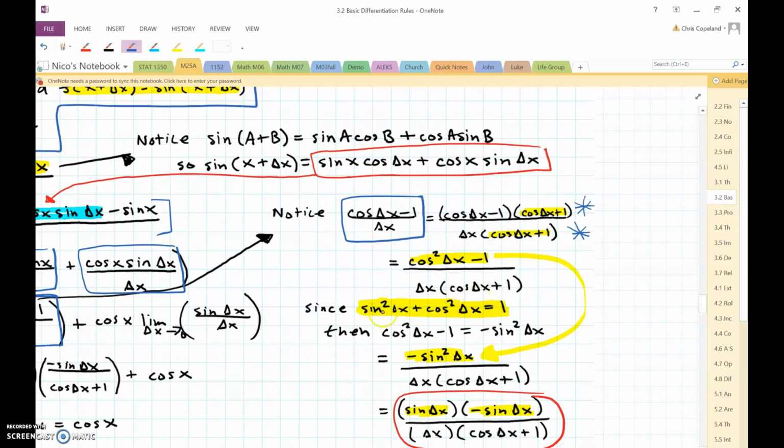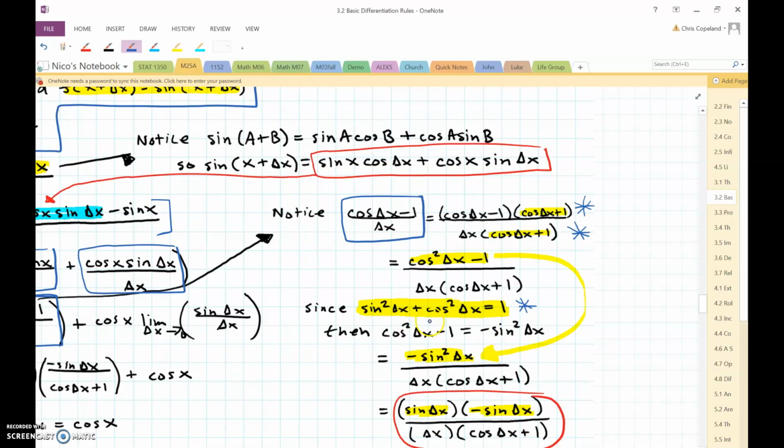And notice, since sine squared delta x plus cosine squared delta x equals 1, that's the Pythagorean theorem, I can adjust this where I could subtract sine squared delta x to the other side and then subtract 1.